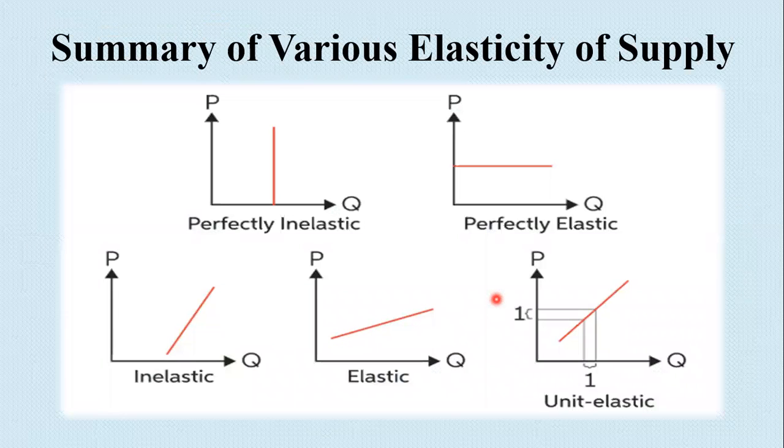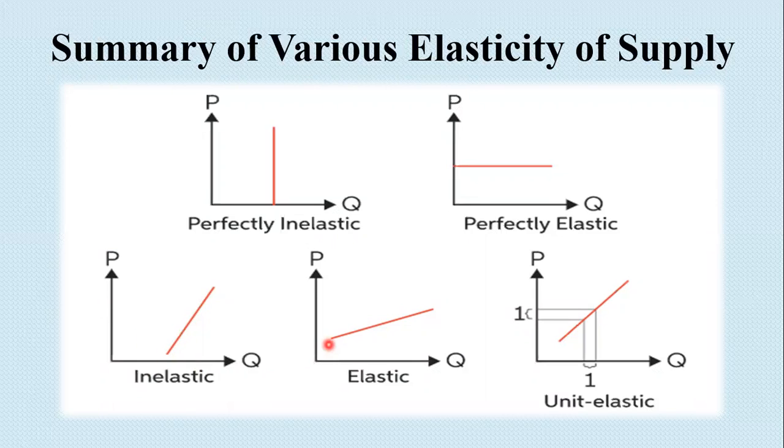Let's get a summary of the various elasticities of supply. We look at all of them together so that you have a better idea. The curve parallel to the vertical axis elaborates perfectly inelastic supply. The curve parallel to the horizontal axis elaborates perfectly elastic supply. A curve bending more towards the price axis elaborates inelastic supply.